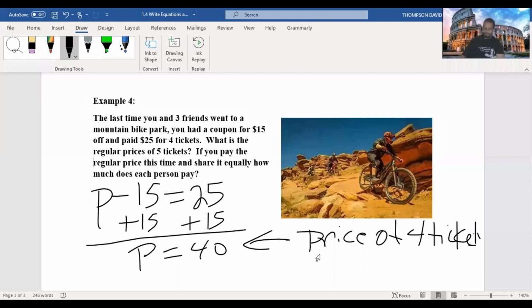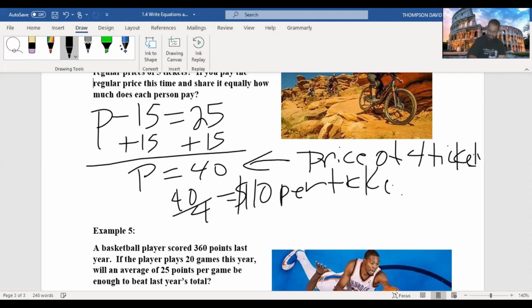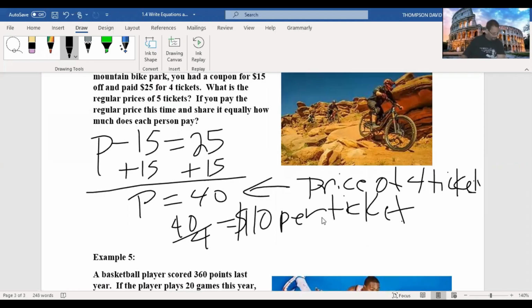Next, we want to find the price per person. So we're going to take the 40 and divide it by 4, which gives me $10 per ticket. And we want to know how much it will cost for 5 people.